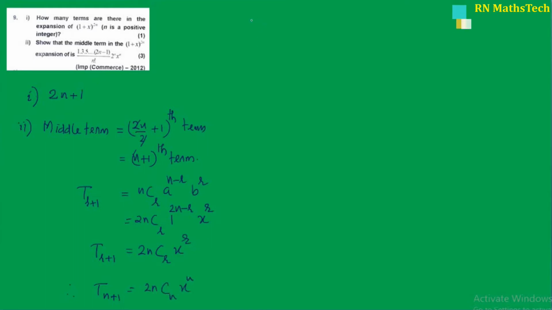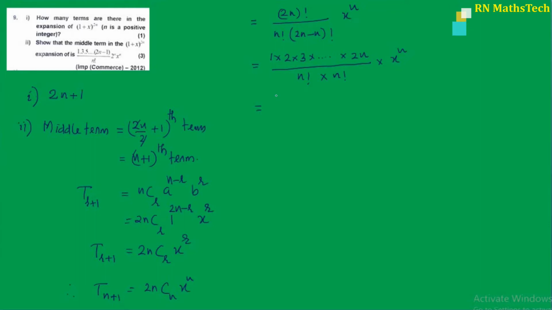Now what is 2nCn? 2nCn is equal to 2n factorial by n factorial into (2n minus n) factorial, x raised to n. What is 2n factorial? It is 1 into 2 into 3 into etc. into 2n. This numerator can be written as the product of odd integers and the product of even integers.